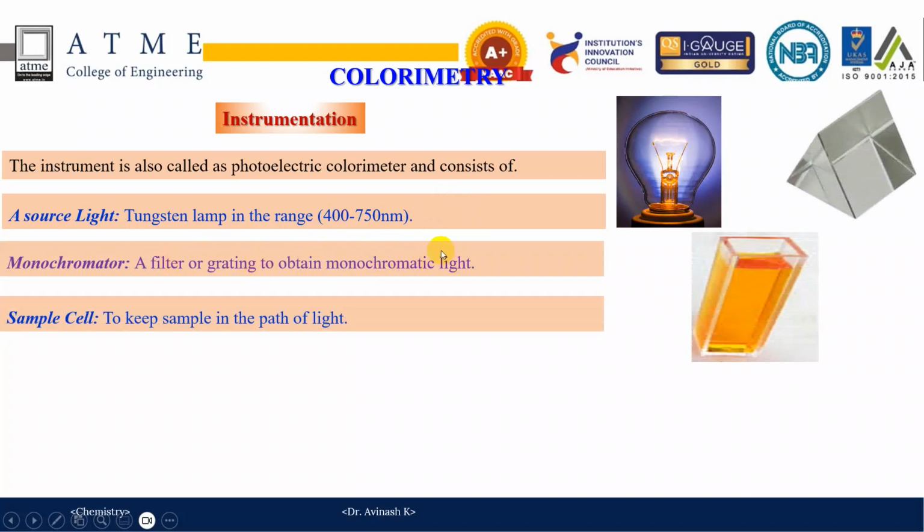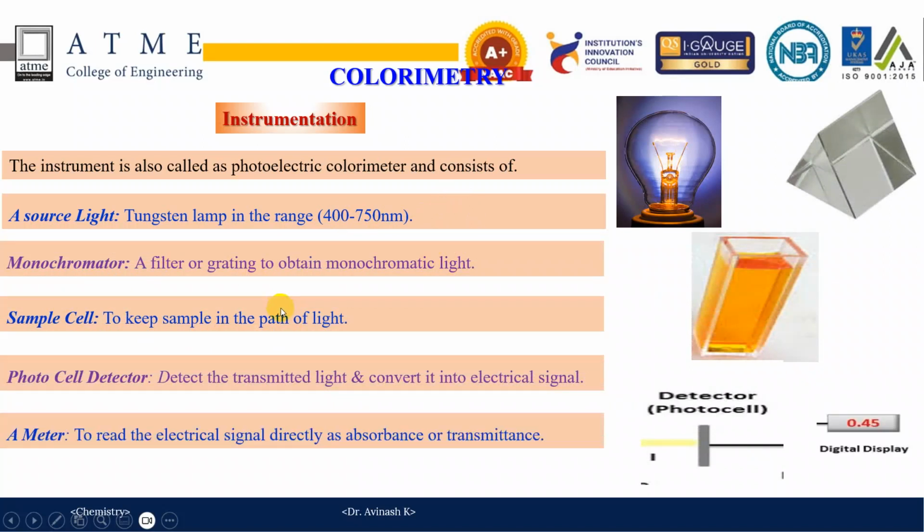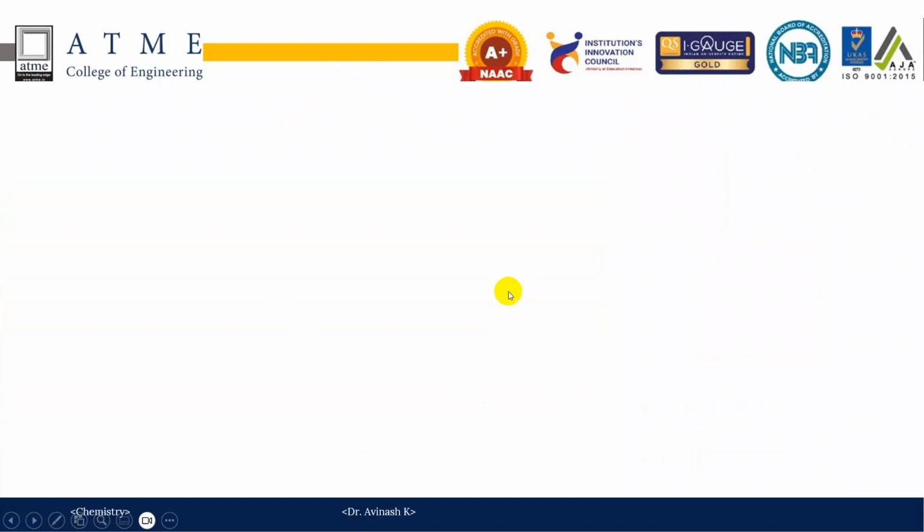It splits the light into different wavelengths. Then a sample cell, in which the path length is kept constant, and a photocell detector which reads the remaining light, meaning the transmitted light. And finally a digital display which provides the absorbance or transmittance as a digital parameter.